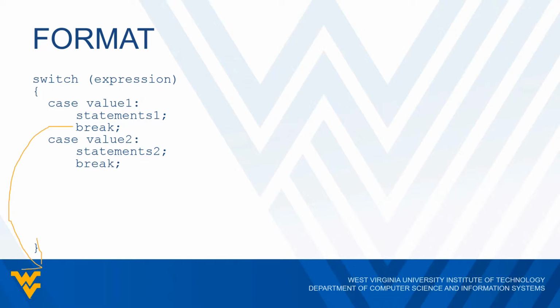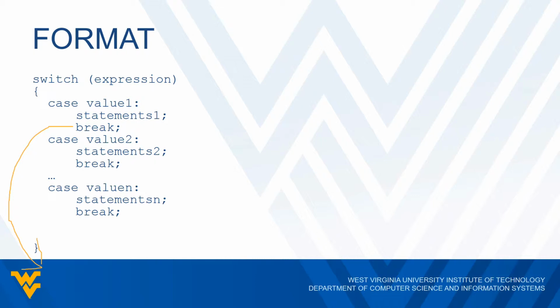So we can have another case, which gives me a different value, whatever value 2 is, and I can execute certain statements based on it. And then I have my break, which means that I'm done with that case and I get out of the entire switch expression. So we can put as many of these as we want, and finally we get to some final case. Here I'm just using value n as a term, but we have however many cases we want. There's no limit. The main thing is that each case corresponds to a specific value that our expression can be.